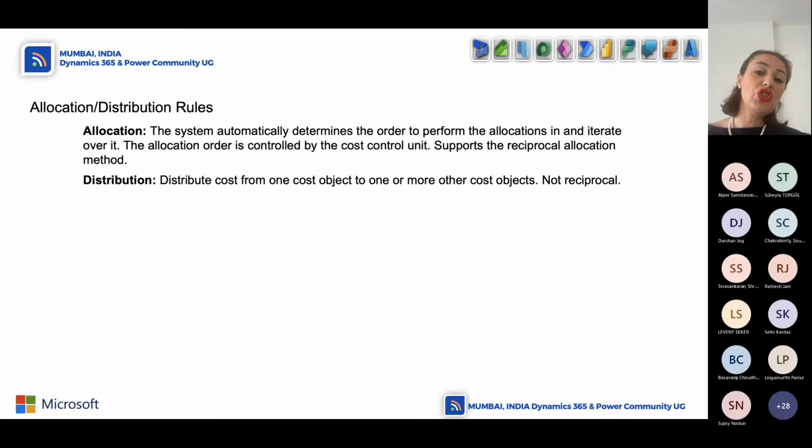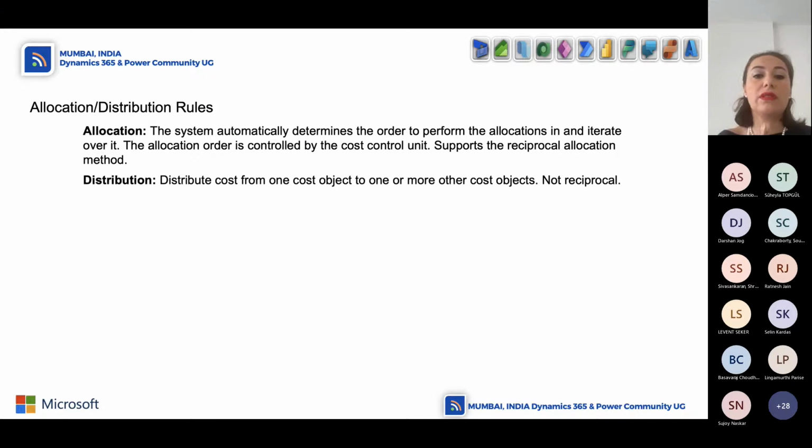And we have allocation and distribution rules. Even though they sound the same, there are slight differences between them. Allocation: the system automatically determines the order to perform the allocations in and iterates over it. The allocation order is controlled by the cost control unit, which means that, for example, first the cost center is allocated and then the product in this example.